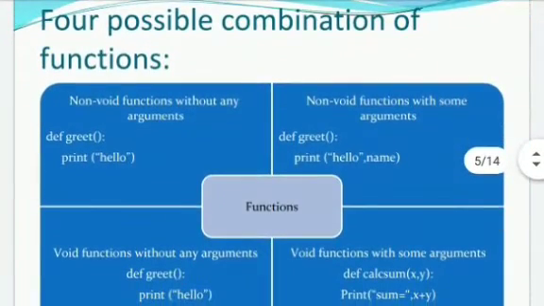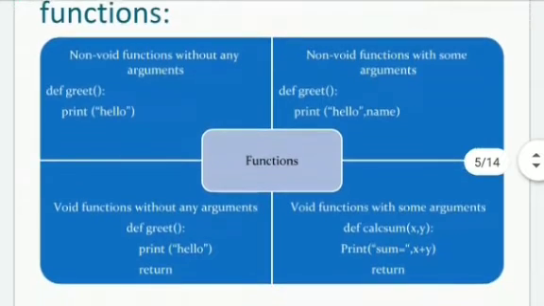There are four possible kinds of functions: non-void without any argument, non-void with some argument, void without any argument, and void with some argument. In the first, def greet, we are simply printing hello.